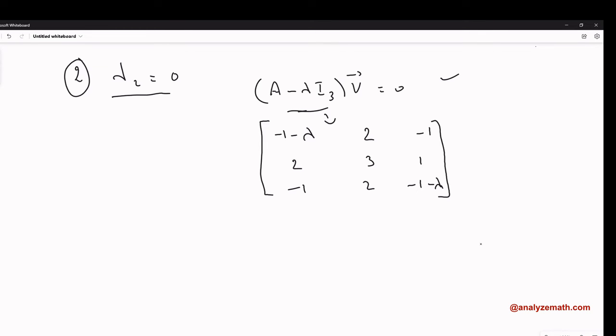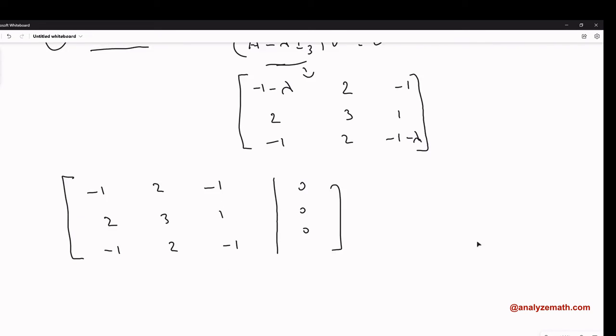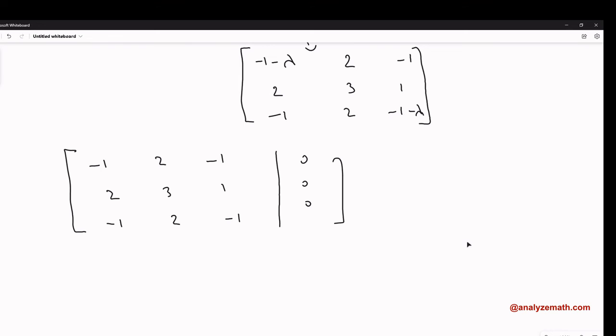So let's put lambda equal to 0: negative 1, 2, minus 1 here, 2, 3, and 1 here, negative 1, 2, and minus 1 here, the augmented matrix, and here we have the zeros. Good. So we try to make zeros here, here, and here.